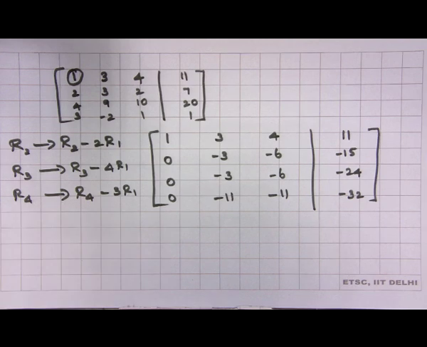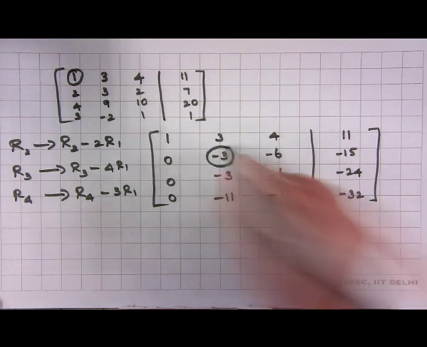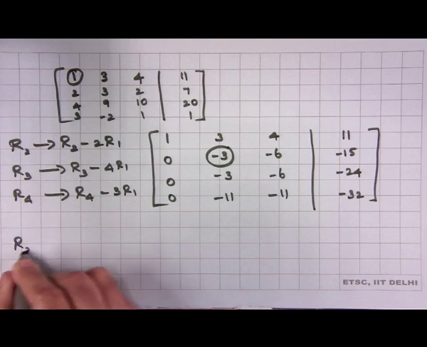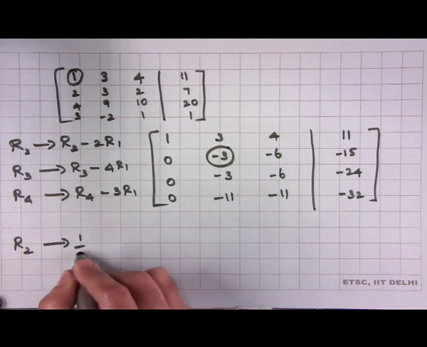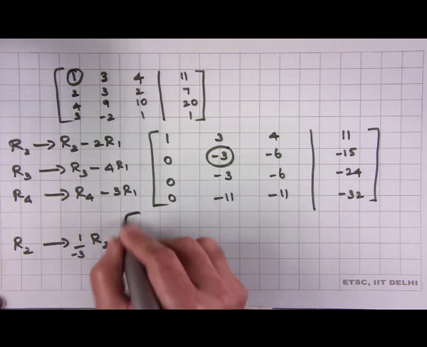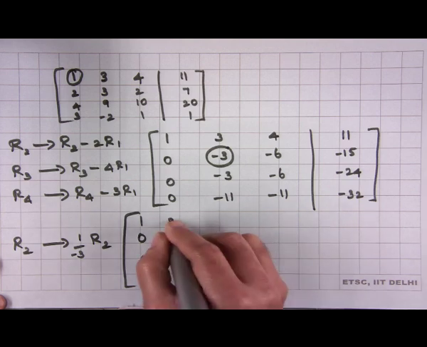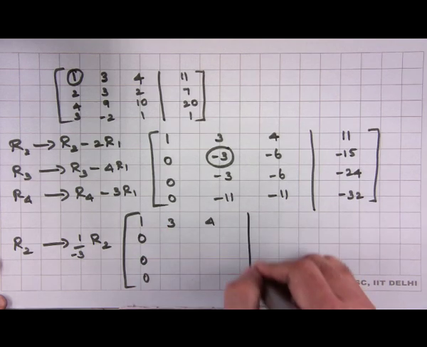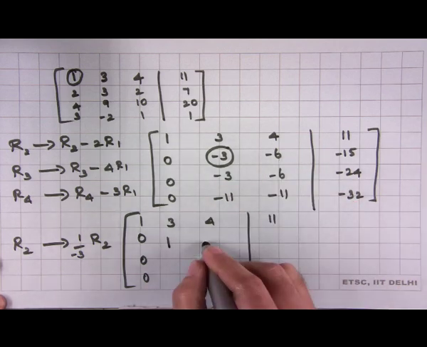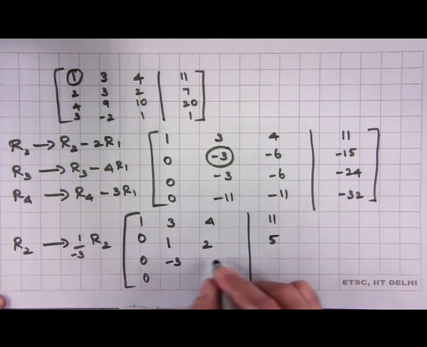Right. In the second row, the first non-zero coefficient is minus 3. Let us make it into 1. R 2 is replaced by 1 by minus 3 times R 2. I will have 0 1 2, augmented with 5, the other things are untouched.